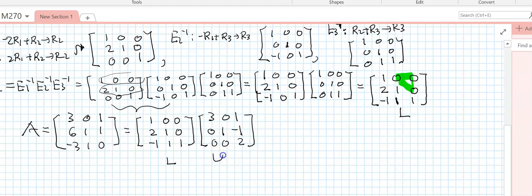That is what we call LU factorization. If you have time, go ahead and multiply and see what happens.